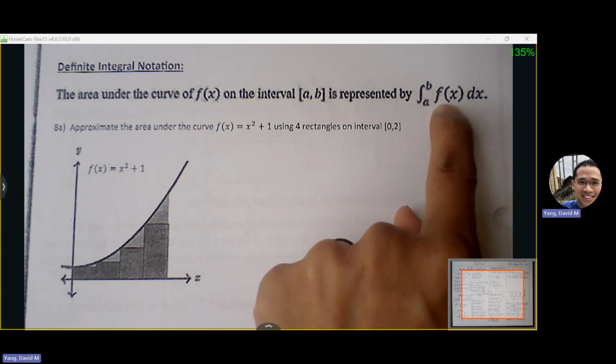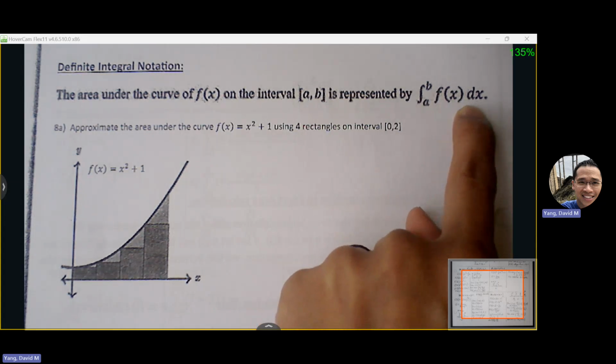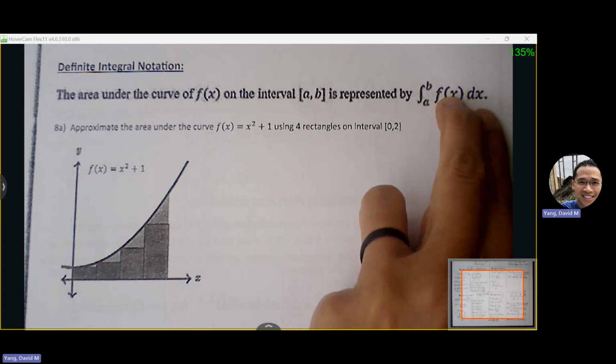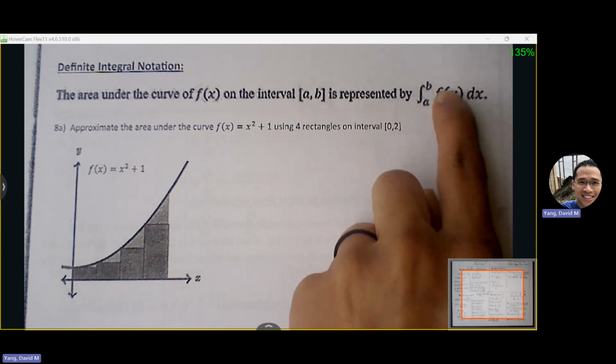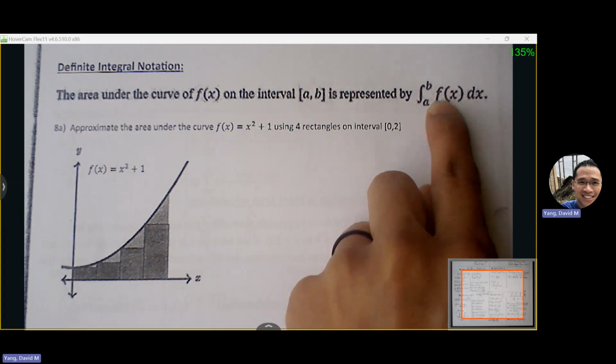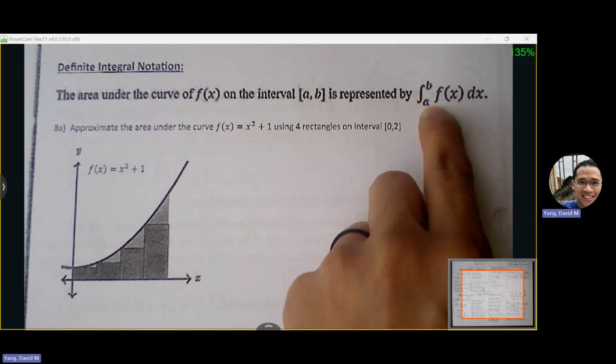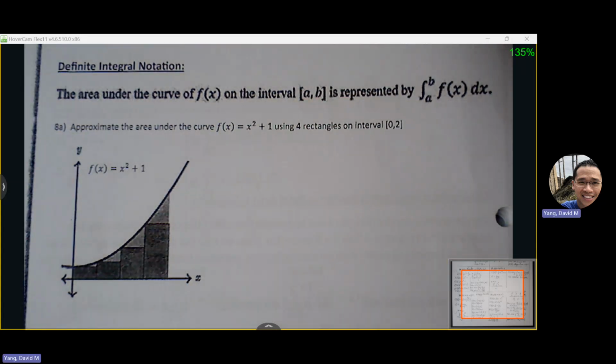This area component is f of x times dx. We're essentially finding the area of some region between two boundaries. Right now, all you need to know is that it's an antiderivative, but it's area related. It's giving us some information about the area under the curve.